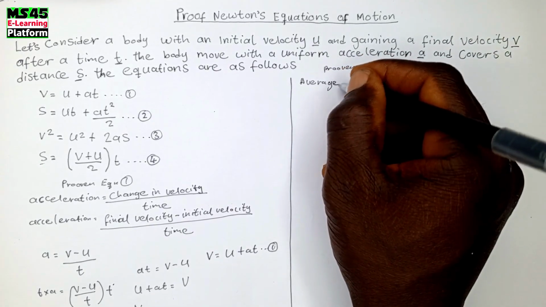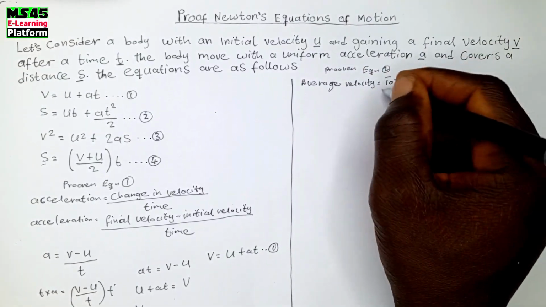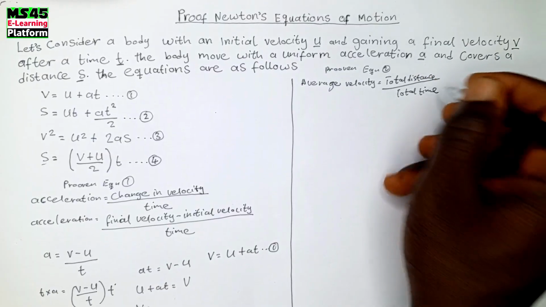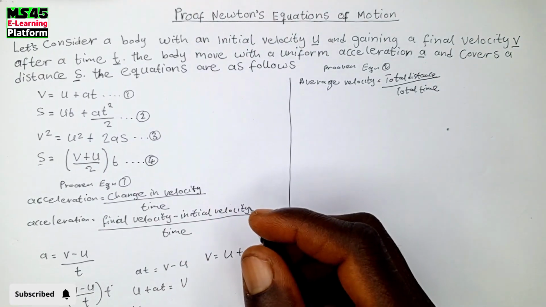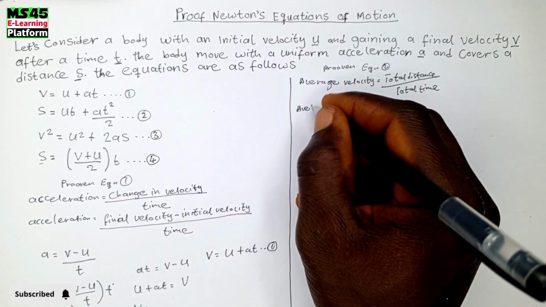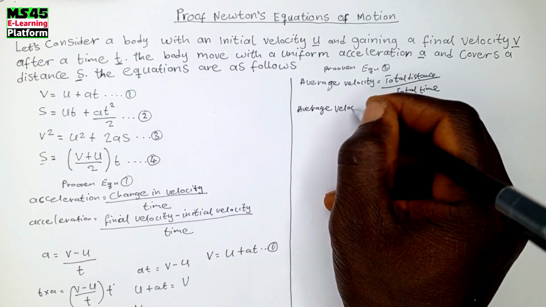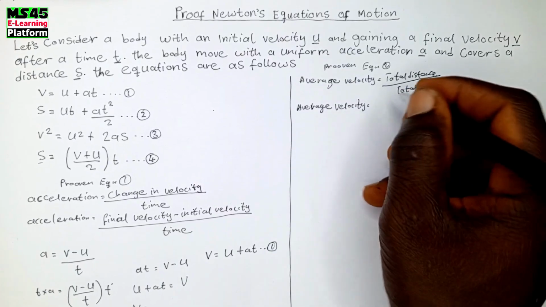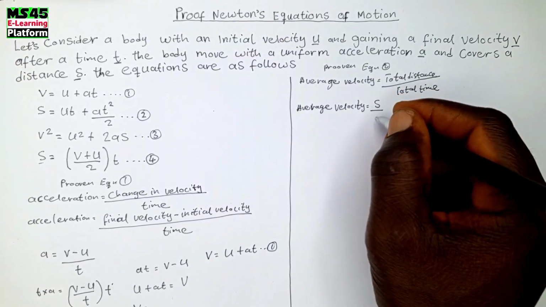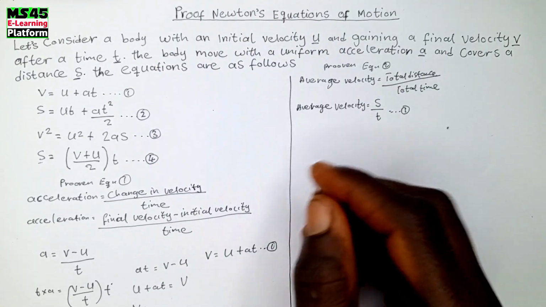Mathematically, average velocity equals s over t, total distance over total time taken. Let us name it equation 1 here.